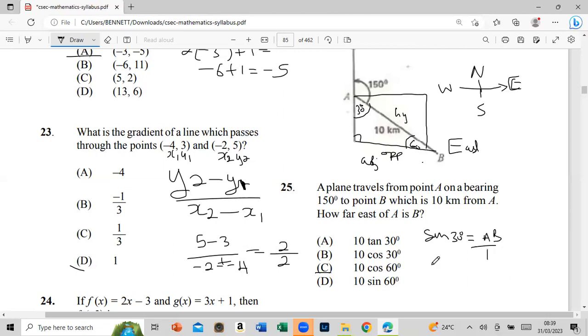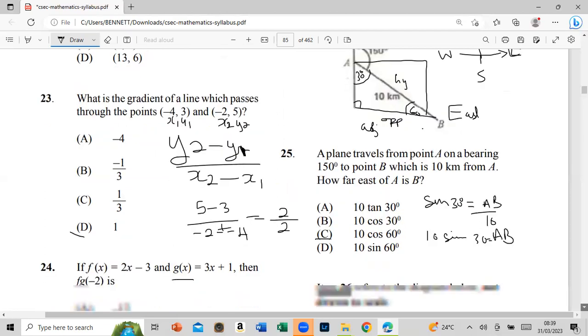So for sin, it will be 10 sin 30. So that's an option. Sin 30 will give it that. But they didn't give that option, so what I did was I just flip it around and said, okay, maybe they look from this angle, because this angle can also give it, but it will be adjacent and hypotenuse, so that becomes cos. Very nice question, tricky, you know.